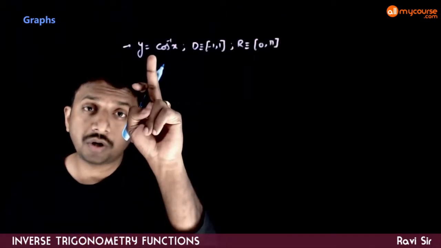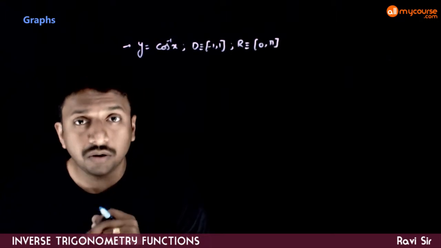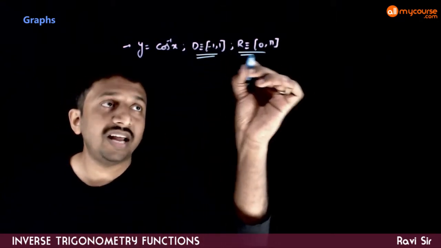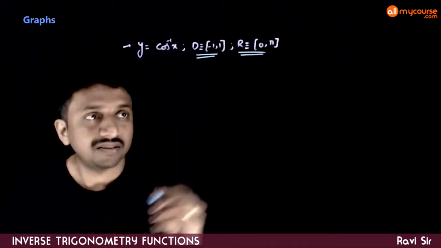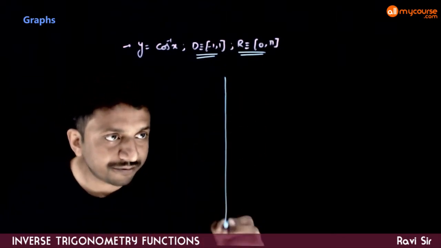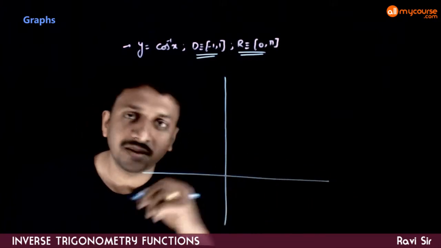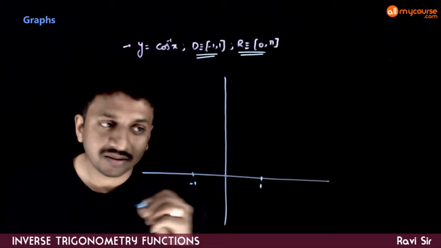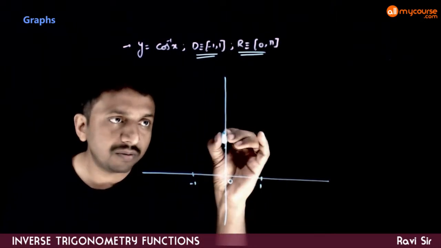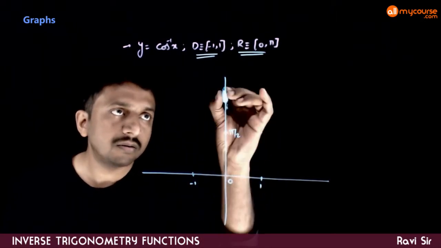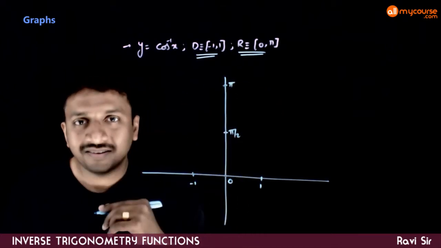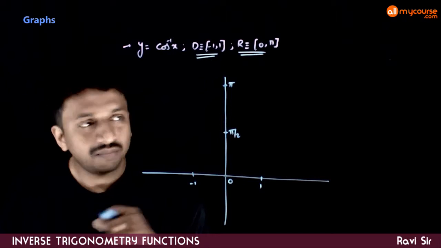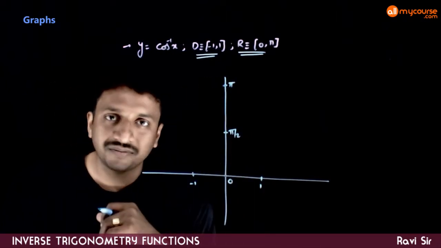Next, if you want to draw the graph of y is equal to cos inverse x, the domain is -1 to 1. The range is 0 to π this time. So if you draw the graph, it extends from -1 to +1 and from 0 to π. This time the graph does not go below the x-axis because the whole range is positive.